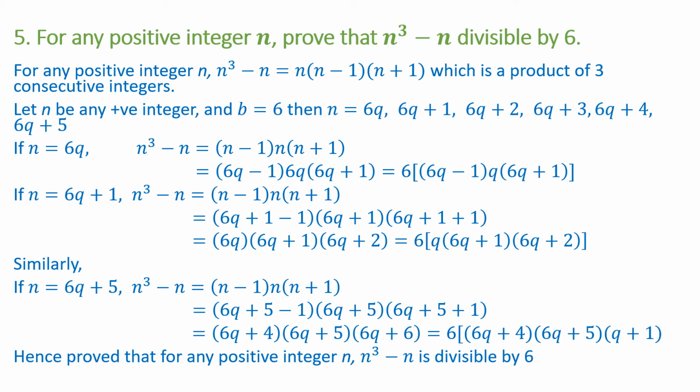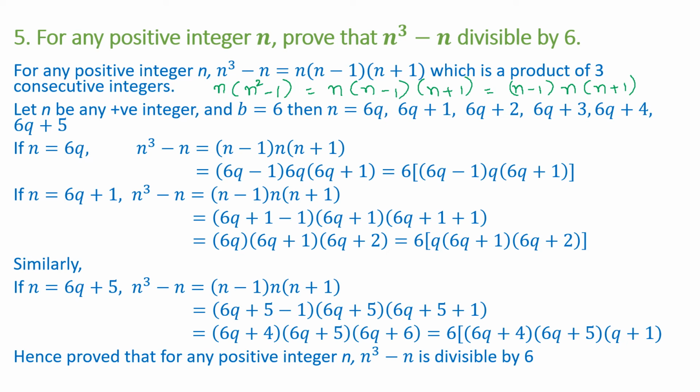That is, when I look at this, n into n square minus 1 is going to be equal to n into n minus 1 into n plus 1. We want to show that this is divisible by 6. As you can see, n minus 1, n, n plus 1, these three are consecutive integers.